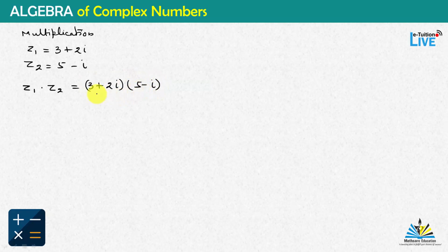So first thing we need to understand is how to multiply them. This is very similar to the multiplication that we have like A plus B into C plus D. So we first multiply by C, that is AC plus BC, and then multiply by D, that is AD plus BD.